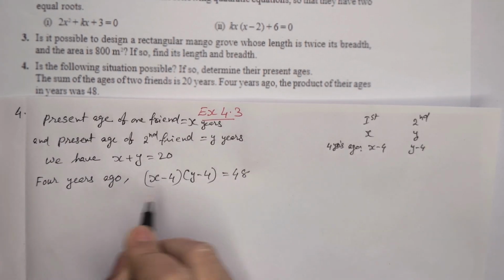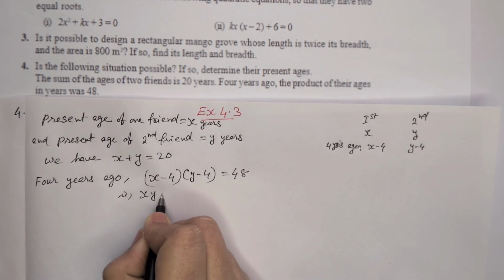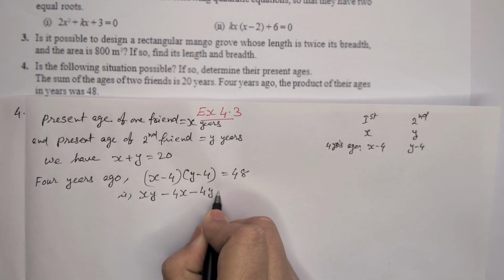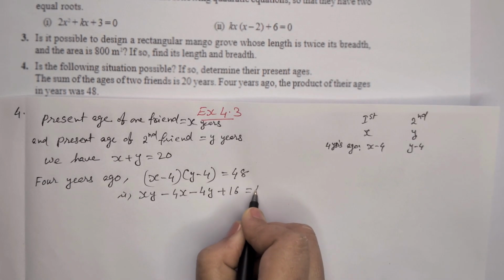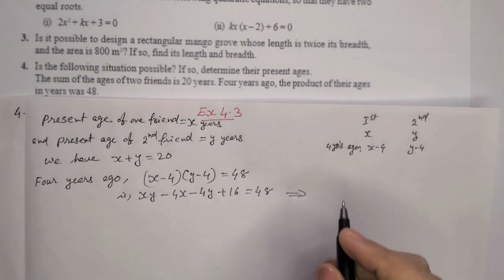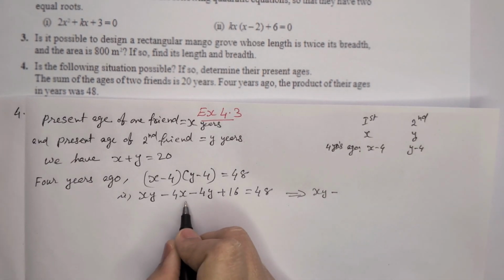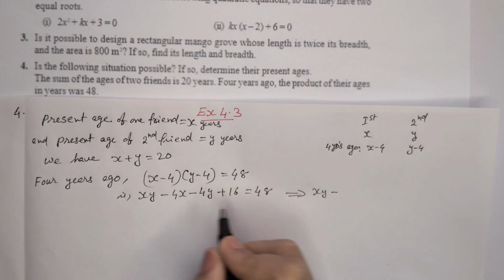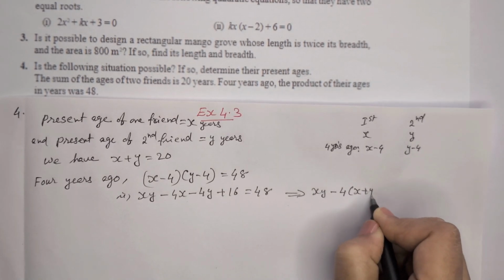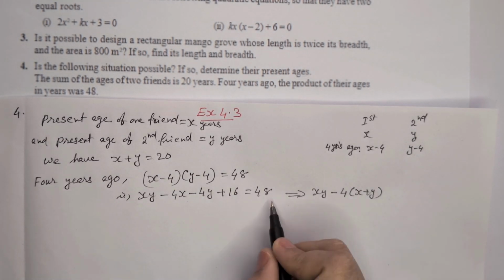When we open this bracket, it will come xy minus 4x minus 4y minus 4 into minus 4 plus 16 is equal to 48. This we can rewrite as xy minus 4, we can take as common, 4 into x plus y, minus 4 we are taking out, then x plus y, these two terms together, plus 16 is equal to 48.